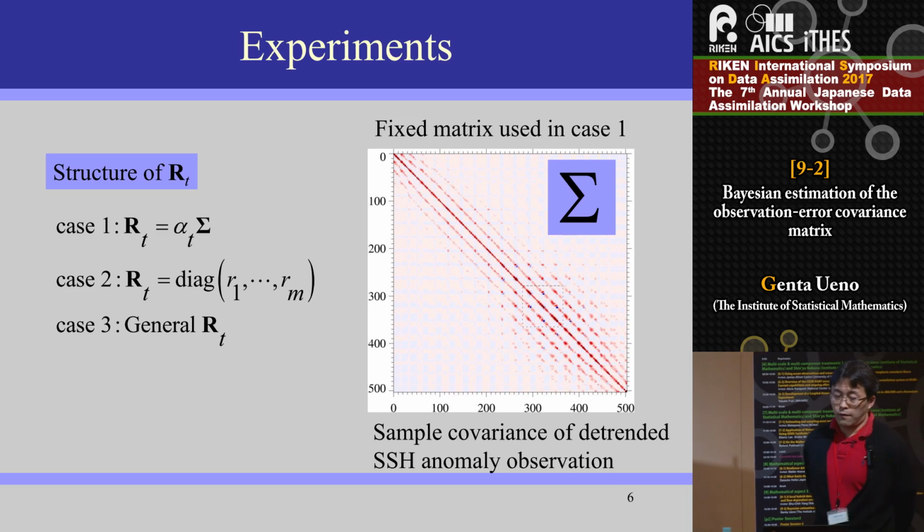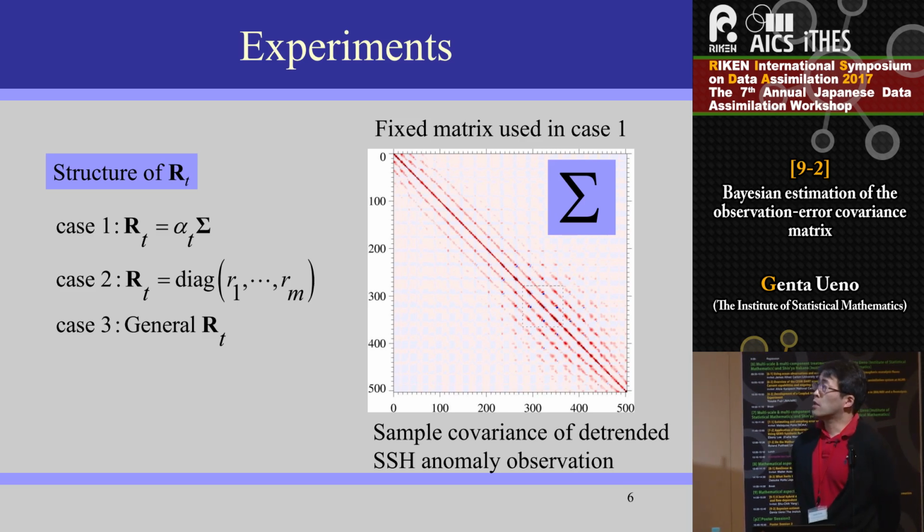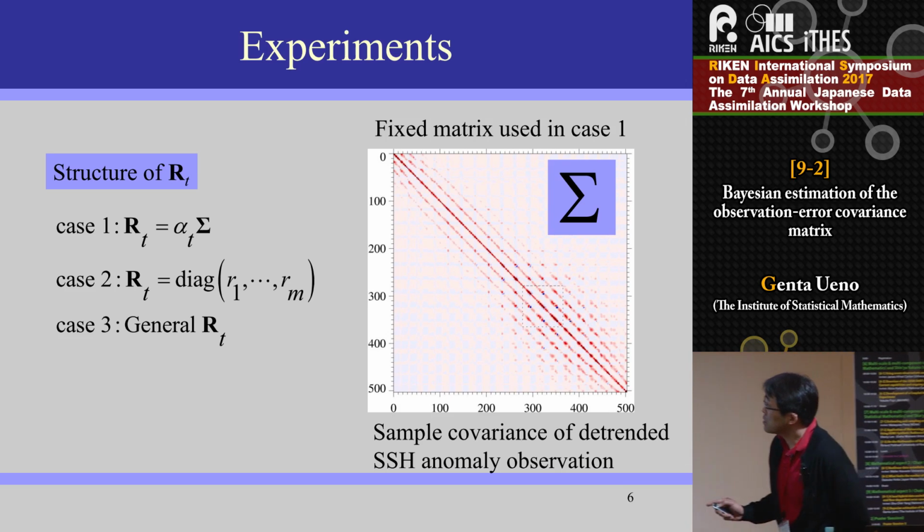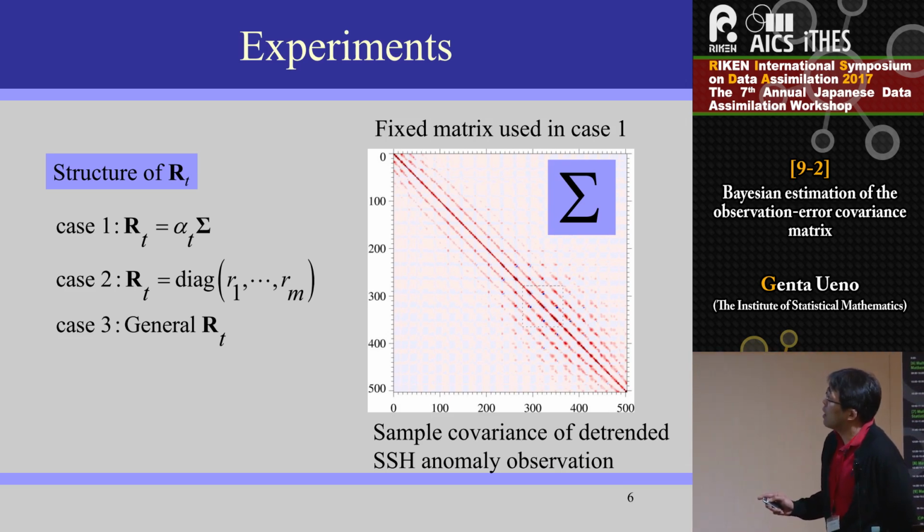So here, in the following, I show three types of experiments, depending on the structure of RT. Case 1 is RT is assumed to be a scalar: alpha t, a scalar variable that should be estimated, times a fixed covariance matrix.